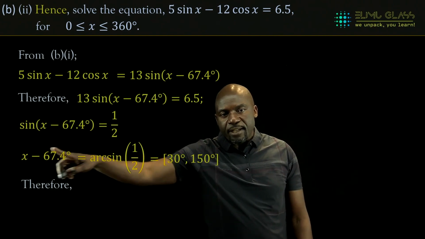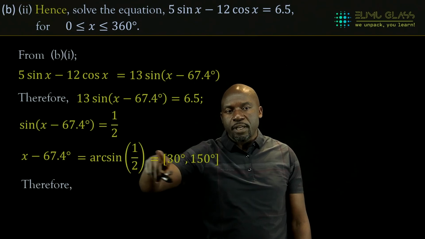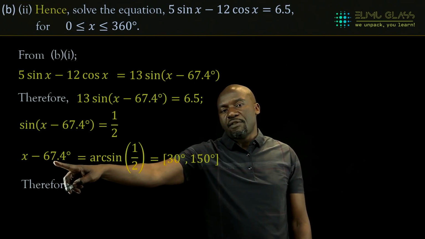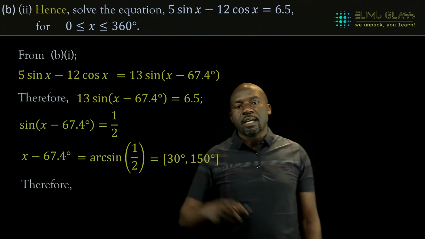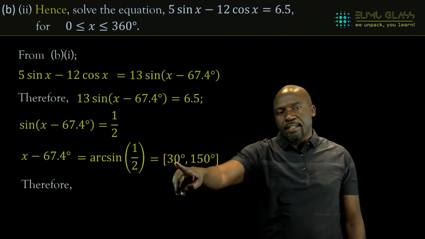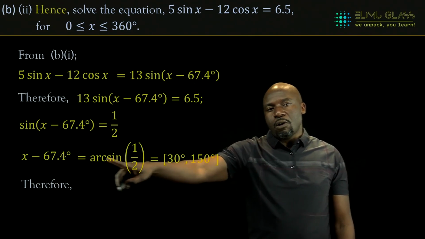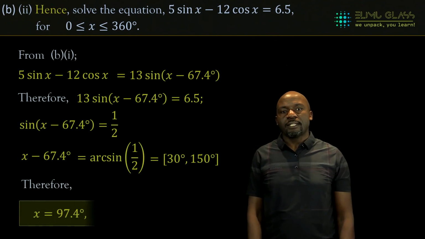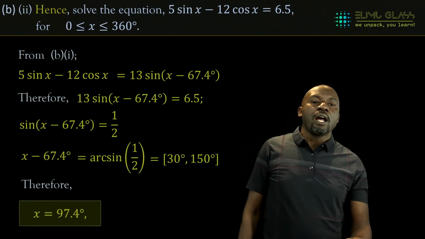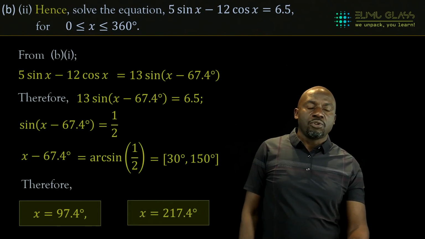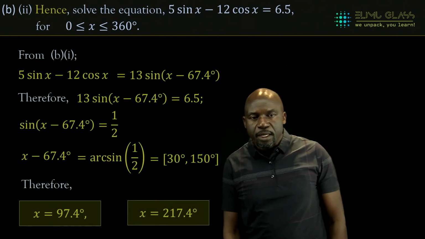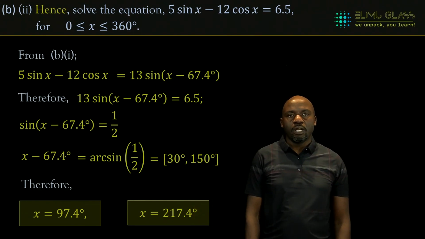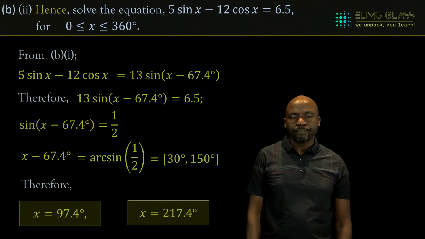So x minus 67.4 is either 30 or 150. We take the 67.4 to the other side, and we get that x is either 97.4 or 217.4. I believe I did that addition correctly. Yes, so our results are x is 97.4 and x is 217.4, and this is the answer to this part of the question.